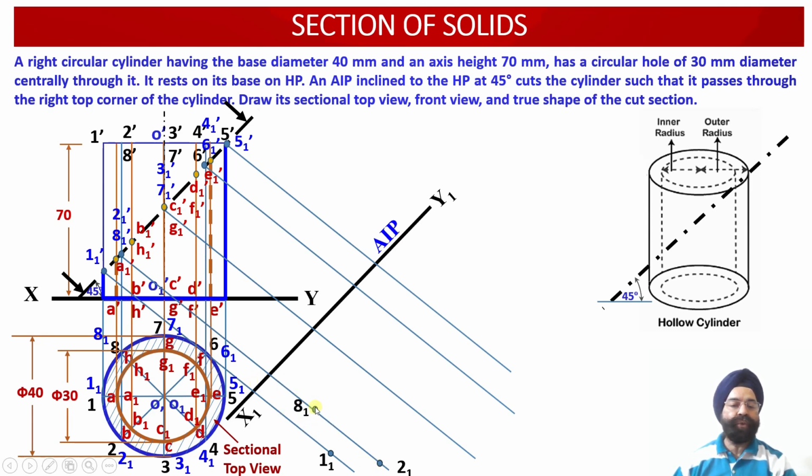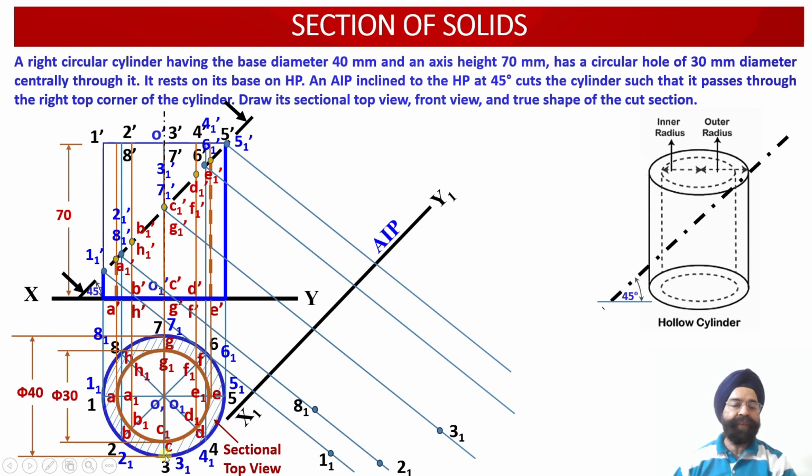Next point we are going to draw is point 81. Again we can check. We are going to measure the distance of point 81 from the xy reference line, and onto the projector line drawn through point 81 dash, the same distance ahead of the plane we have marked out. So we have located point 81 in the auxiliary plan view projections.